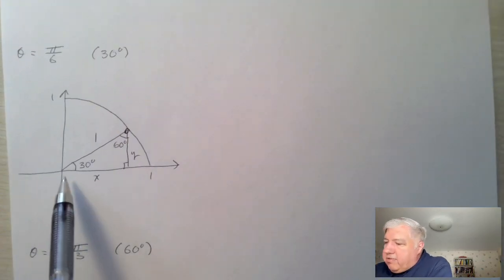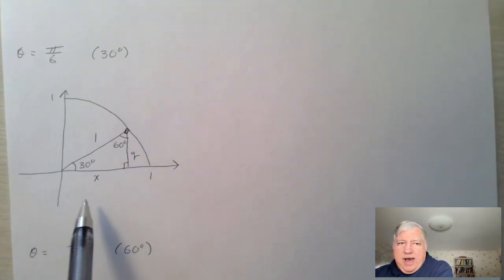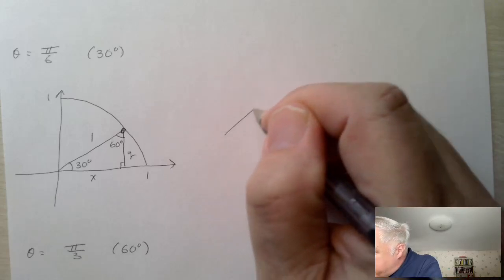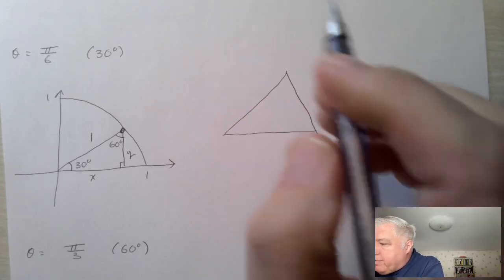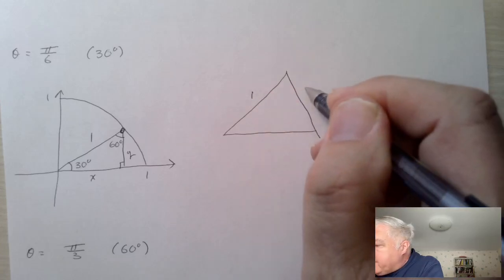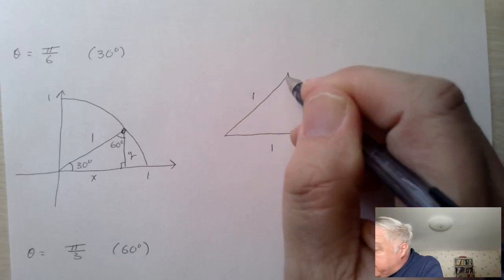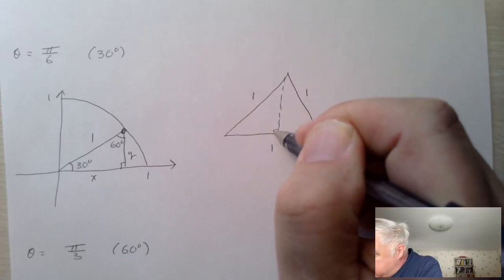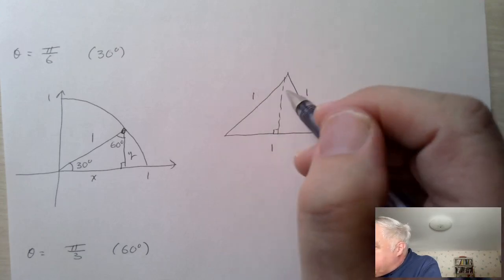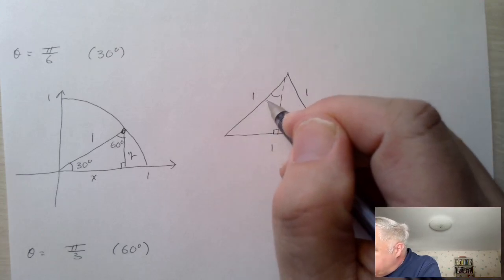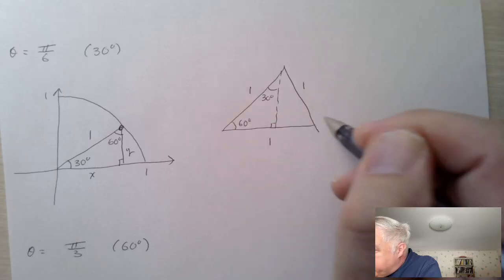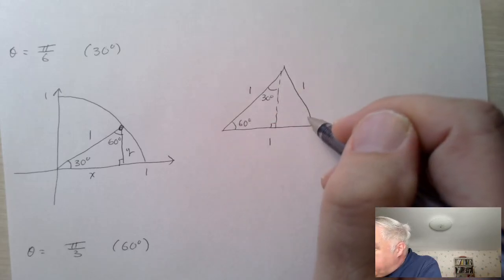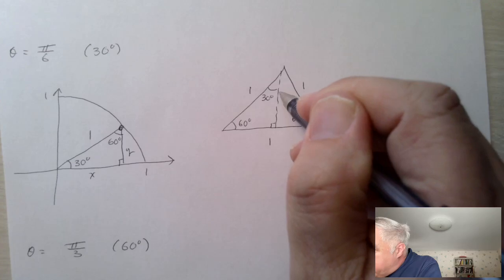Well, we can basically view this triangle as half of a bigger triangle. If we take an equilateral triangle, where each side has length 1, and let's say here's 30 degrees, here's 60 degrees, this is 60, and this is 30.